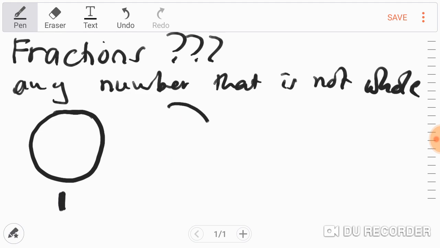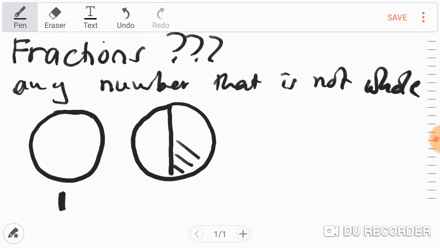right? So if we divide this circle by 2 segments, if we have to present this part of the circle, then we will say it's 1/2, which is half.